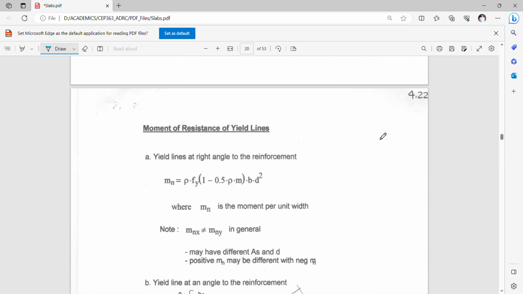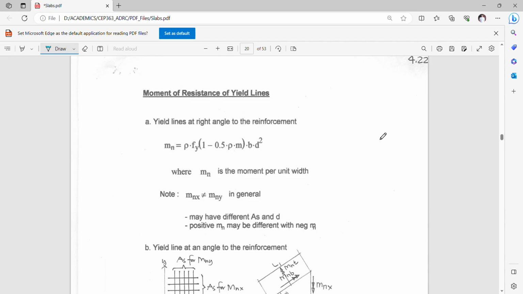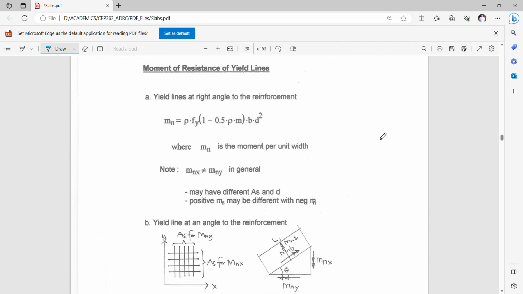So for the resisting moments, I'd like to go over the computation of how the resisting moments will be derived. For the yield lines at right angle to the reinforcement, if the reinforcement are parallel or perpendicular to the yield lines themselves, then Mn is simply equivalent to this famous formula.